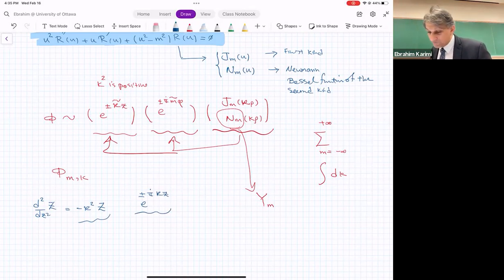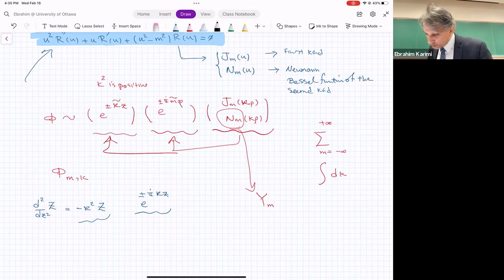If you do have that, then the radial part of the equation will be modified as well, and any k squared will be replaced by minus k squared, which means that any k squared rho squared will be replaced by minus k squared rho squared.